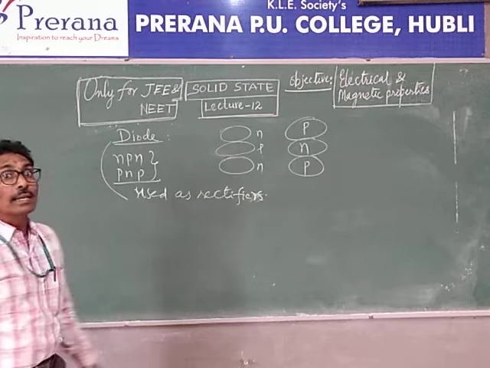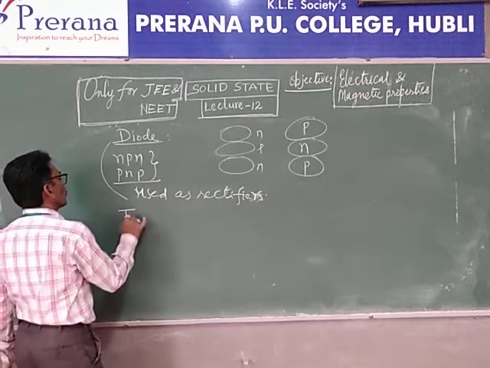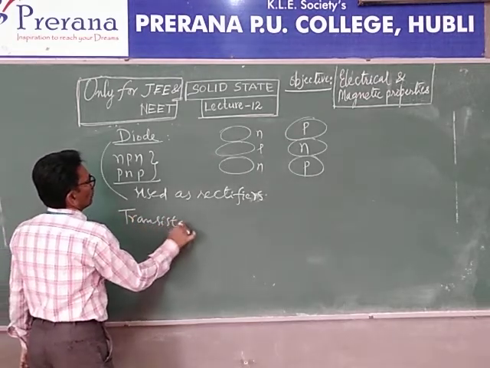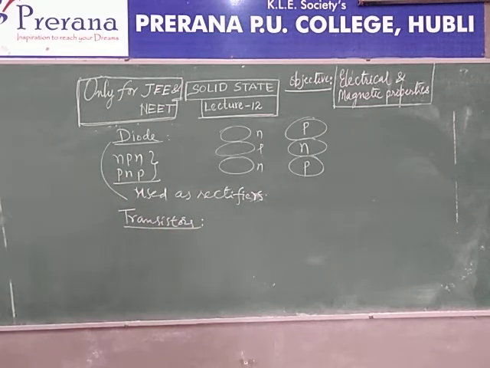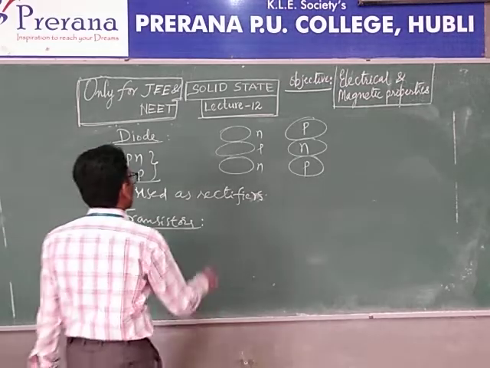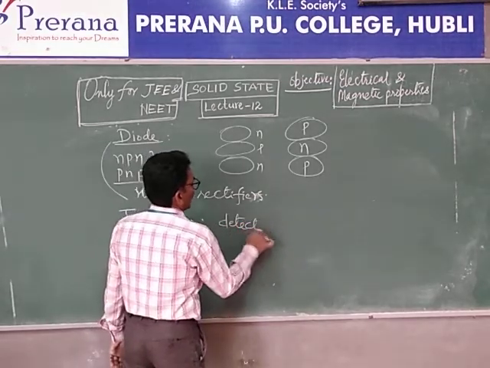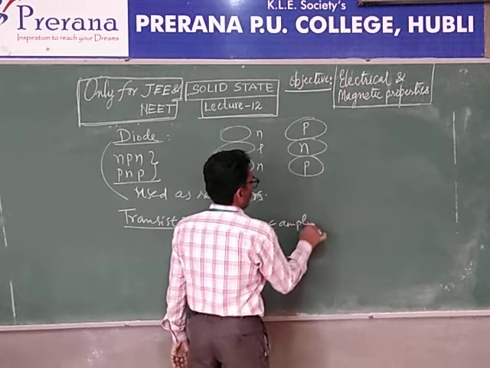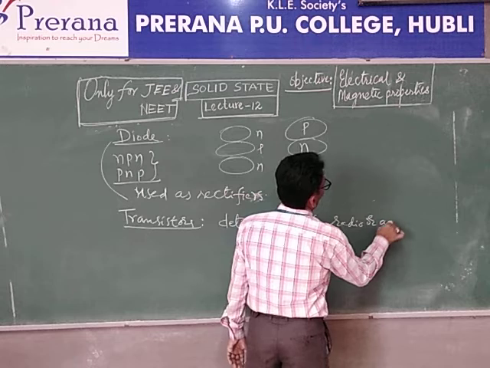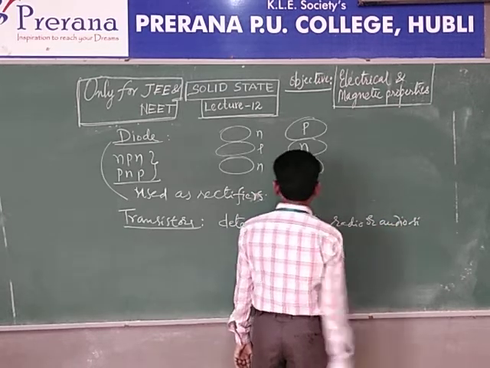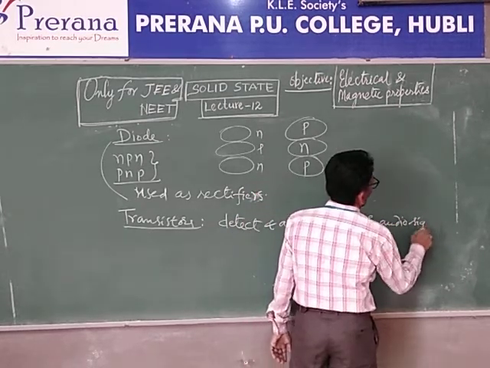Next one is transistors. Transistors are also prepared. How are transistors prepared? In this manner, by using diodes, and they are used to detect and amplify radio or audio signals.